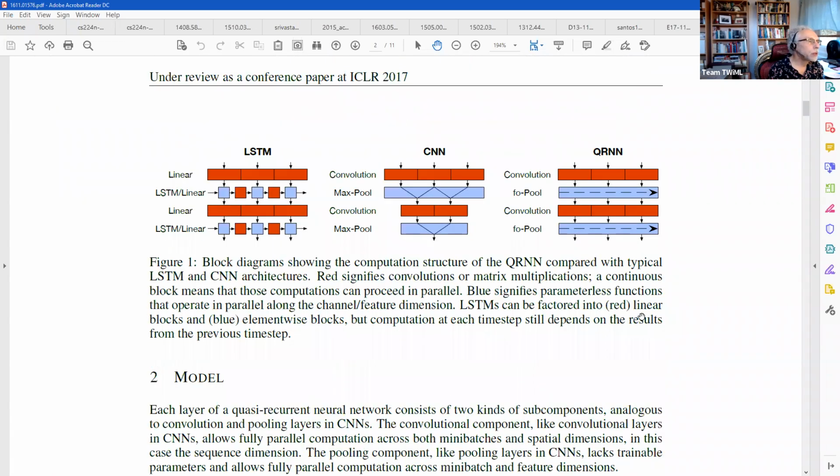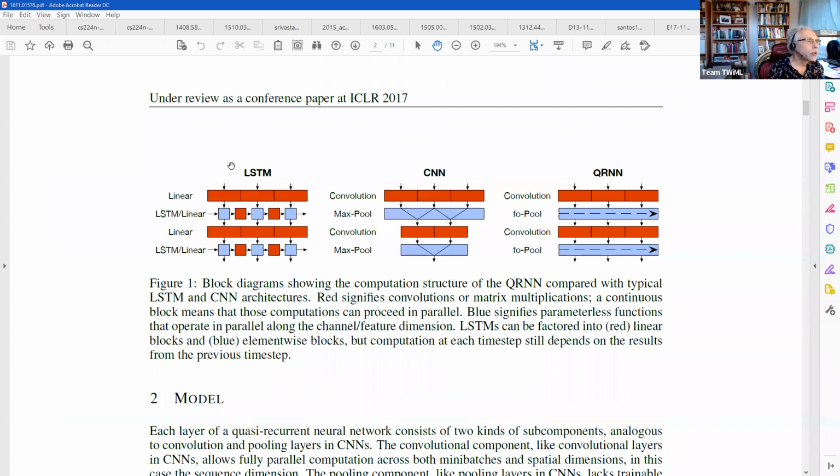And let's see, so here's sort of the schematic, what it looks like. LSTM, linear, okay. LSTM, linear, LSTM. So this is kind of like a 2-layer deep LSTM kind of a thing. This is a CNN followed by max pool, 2 layers, and then a QRNN.